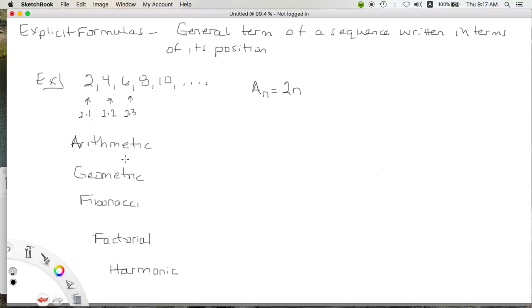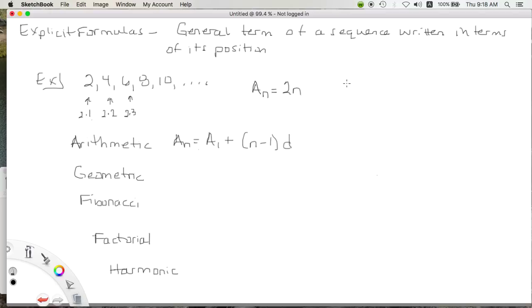We said an arithmetic was when we had a common difference. We were adding terms between each one. And so its explicit, or its general term, is when we start with the first term, whatever that happens to be, plus whatever our n is, minus 1, times d.